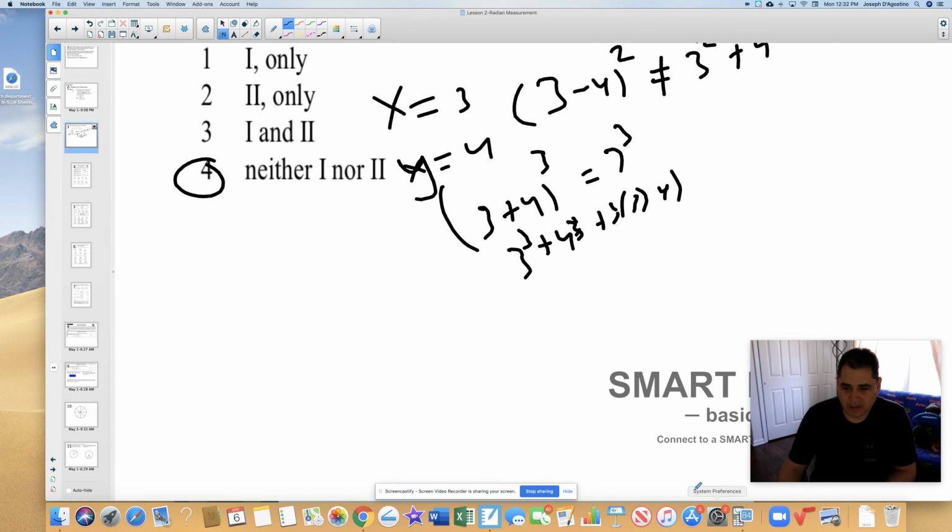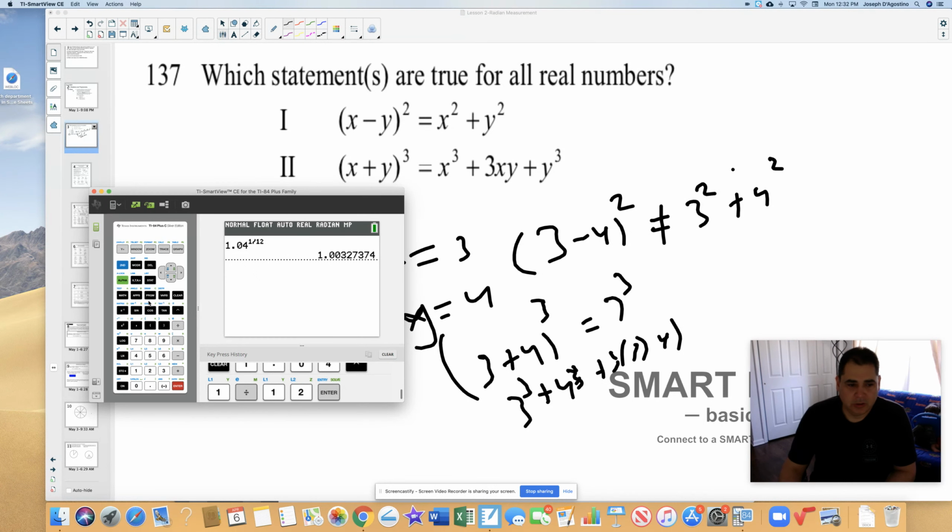If you want, let's use the calculators to verify that. So 7 to the third is 343. 3 to the third plus 4 to the third, which is the x to the third and y to the third, plus 3 times 4.